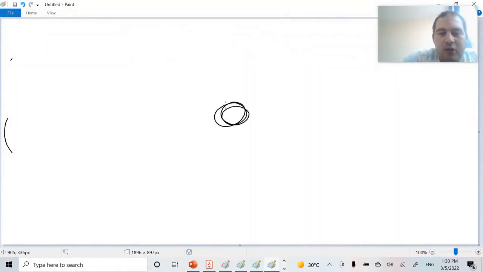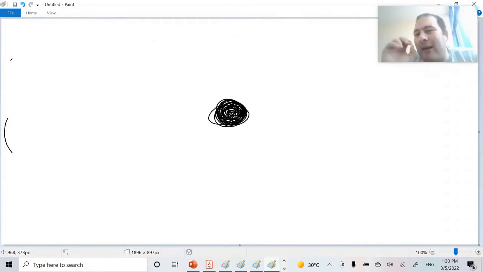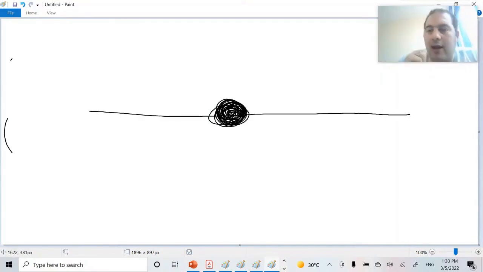If I have this black point object like this, I want to take a line profile. What does line profile mean? It means I will take a line and say how much intensity each point on this line has.